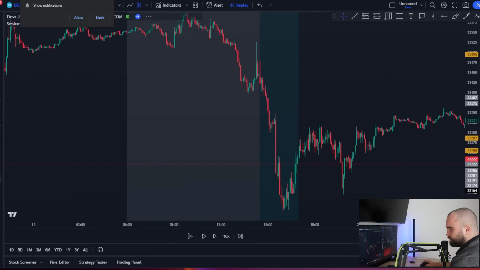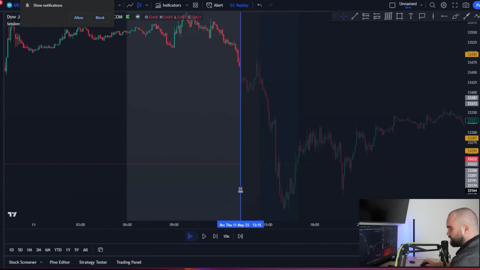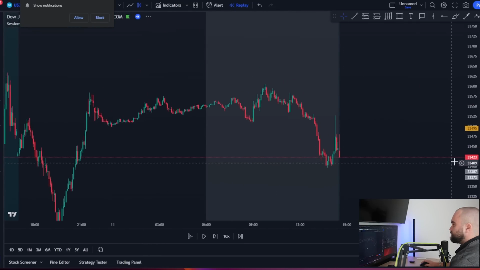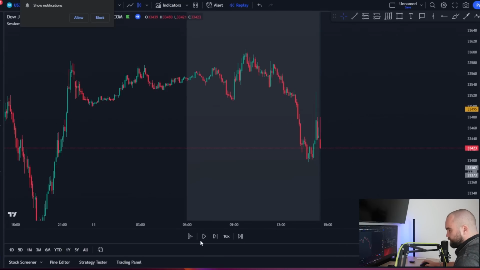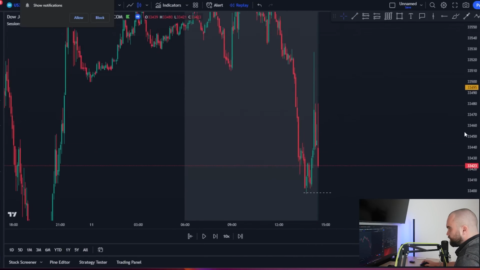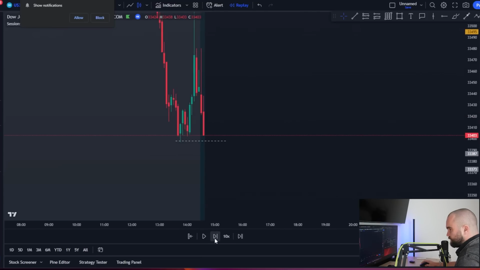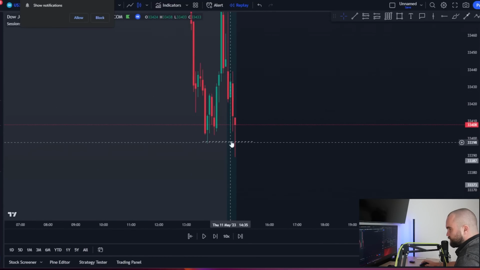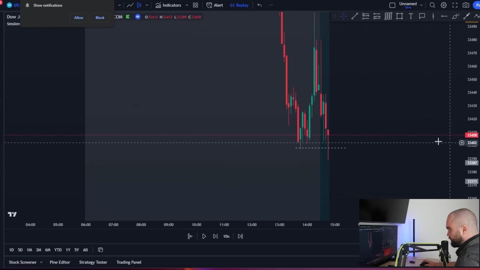Okay, so let's have a look at the previous day. So we would be looking for price to break this here. Okay. And it does. And so now we're looking for our fractal high.